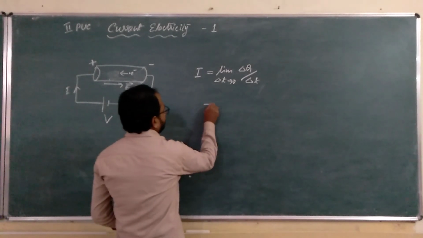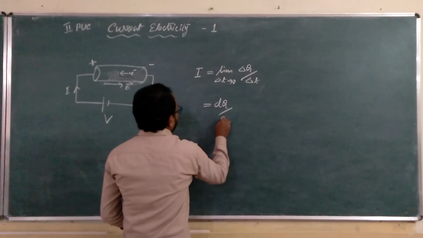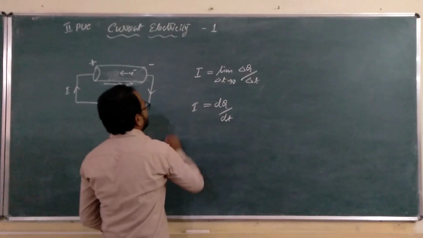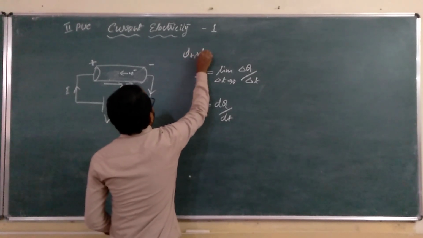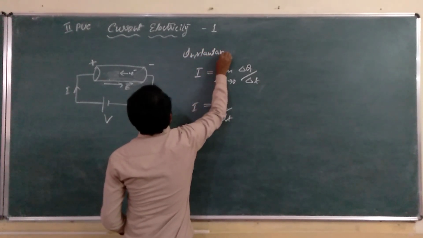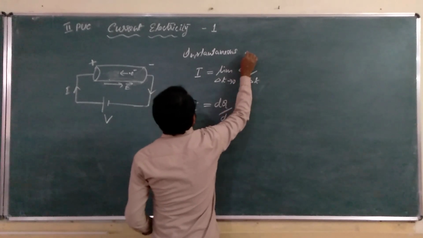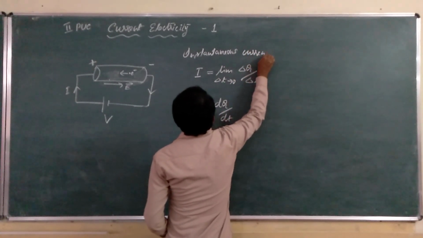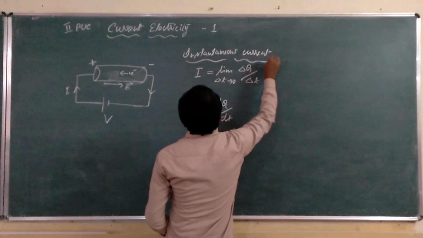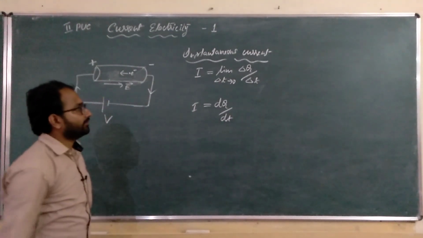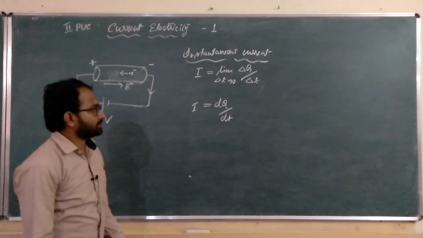That is equal to dq by dt. This is the instantaneous value of current. Instantaneous current I is equal to the limit of delta q by delta t as delta t tends to 0.